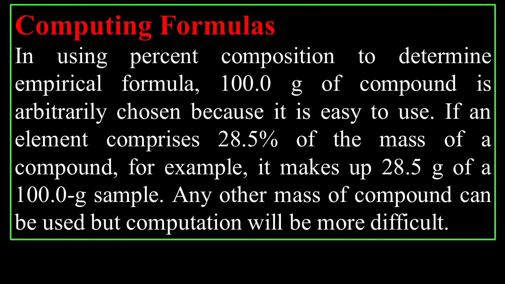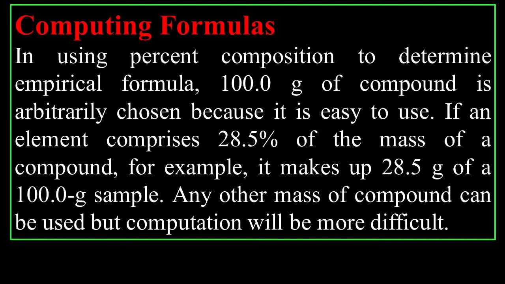In using percent composition to determine empirical formula, 100 grams of compound is arbitrarily chosen because it is easy to use. If an element comprises 28.5% of the mass of a compound, for example, it makes up 28.5 grams of a 100-gram sample.